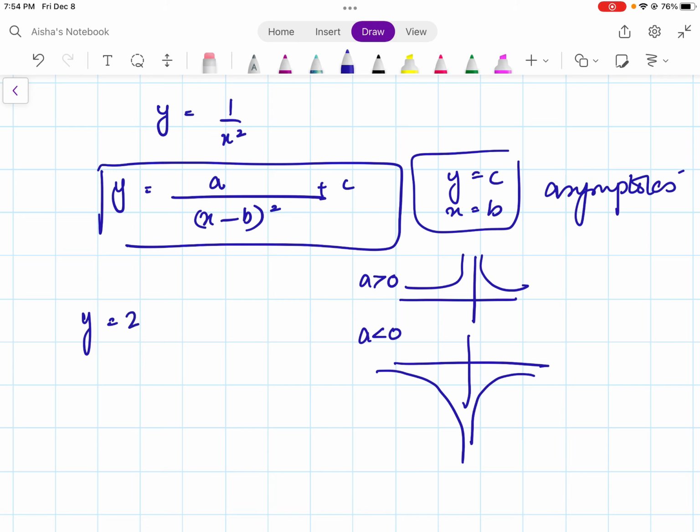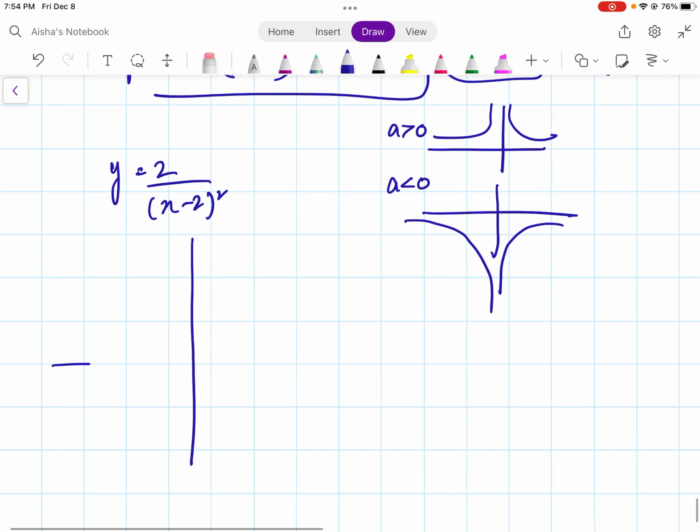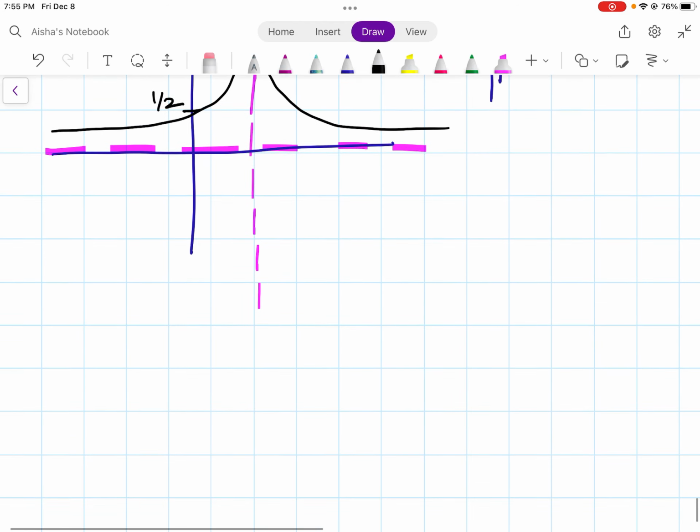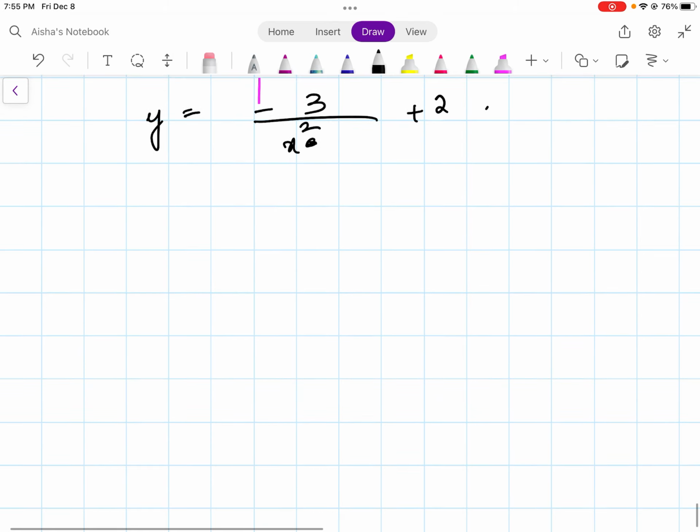ठीक है. So if y is equal to 2 upon x minus 2 whole square, that means y is equal to 0, यहाँ प्लस 0 है, and x equals to 2, the graph will look like this. y-intercept will exist. 2 upon 4 is half. ठीक है. And y is equal to -3 upon x square plus 2.